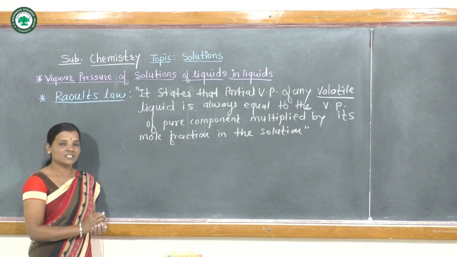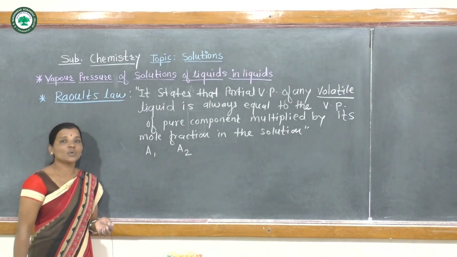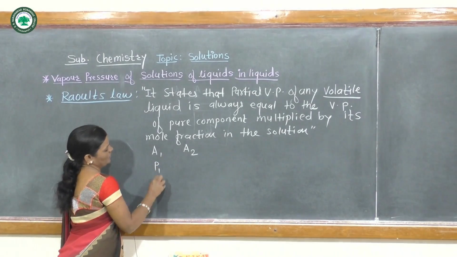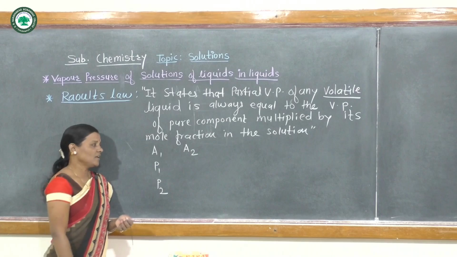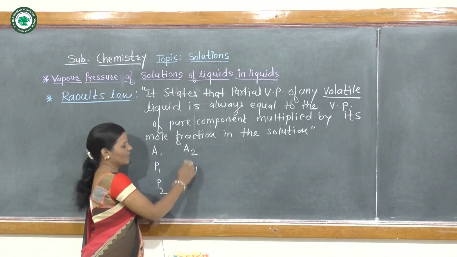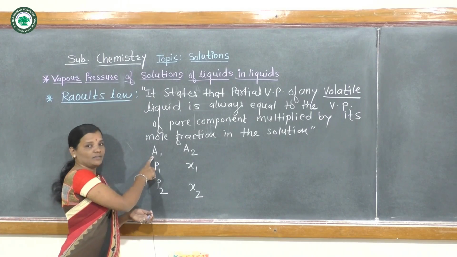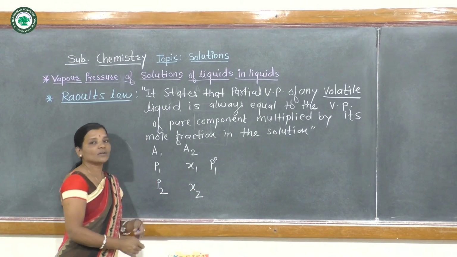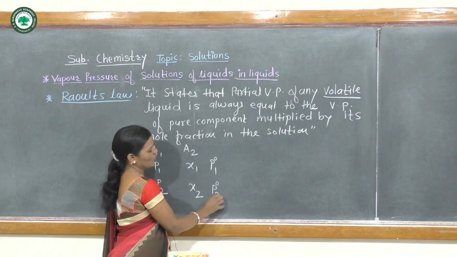Now consider explanation of this law. For our convenience, suppose A1 and A2 be the two volatile components or liquids that are having partial vapor pressures P1 and P2 respectively, and mole fraction of A1 is X1 and mole fraction of A2 is X2. For A1 its pure vapor pressure is given by P01, and for A2 its pure vapor pressure is given by P02.